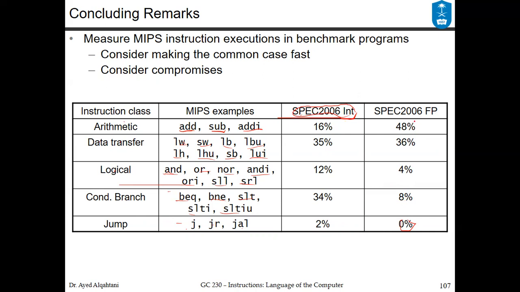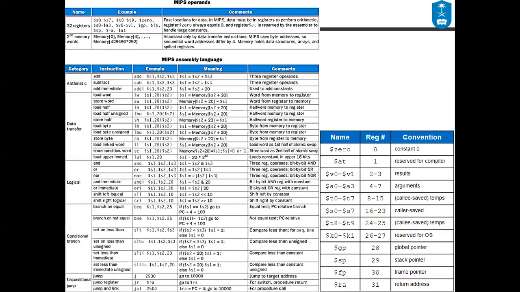But a big difference here is this part. In the logical operation, in the integer, we have more than the floating point, because in the floating point, we care about the arithmetic a lot more than anything. So we have many arithmetic operations in the floating point compared to the integer.